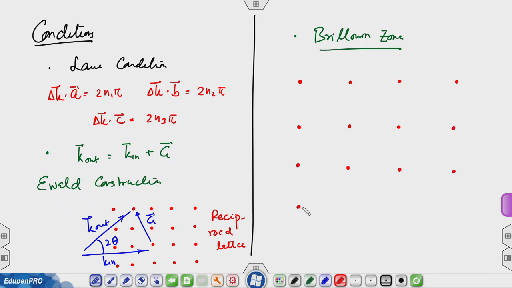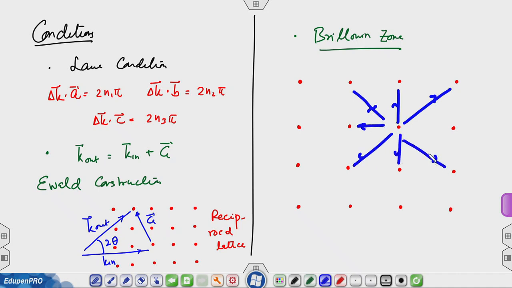And I am taking a square lattice. And let me make the lattice vectors from one point to all the other points.